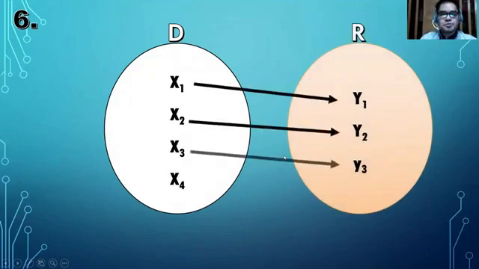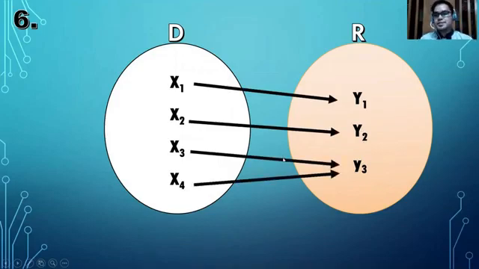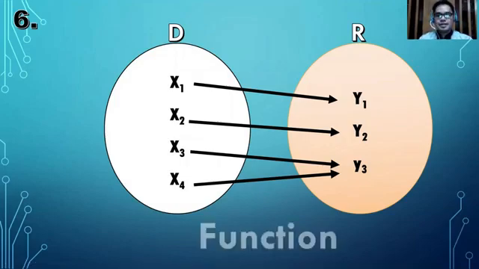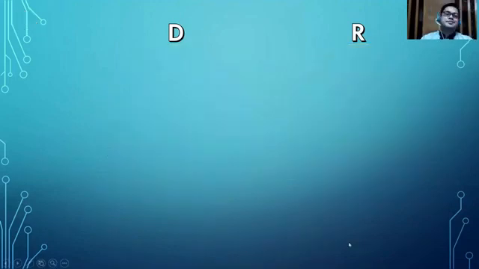So please observe this pairing. What have you observed? Is this a function or not a function? Okay, this is a function. What makes this one a function? No two ordered pairs have the same abscissa.